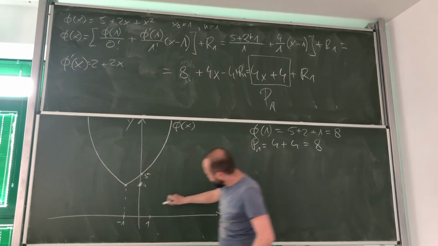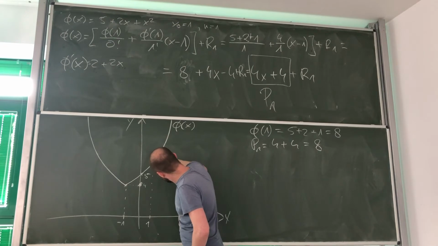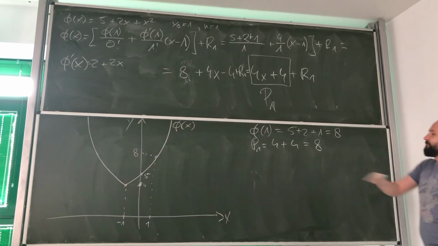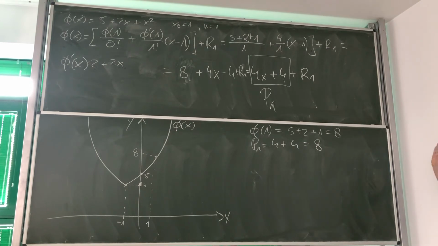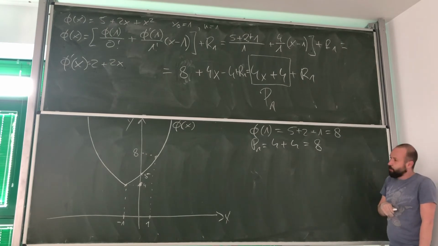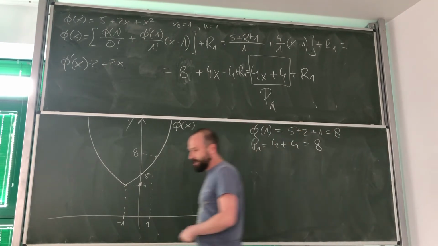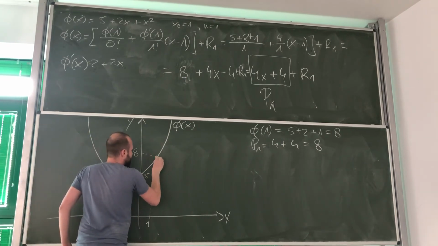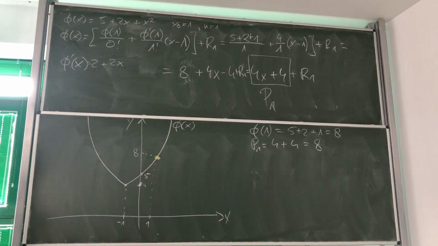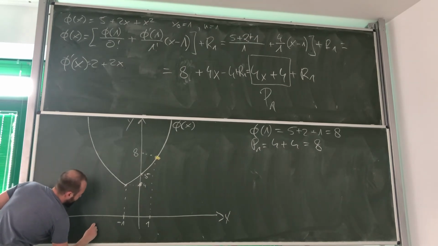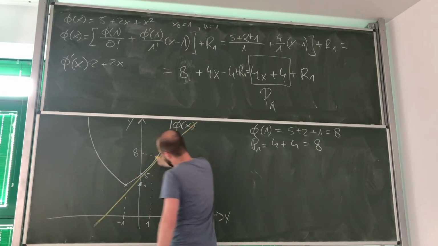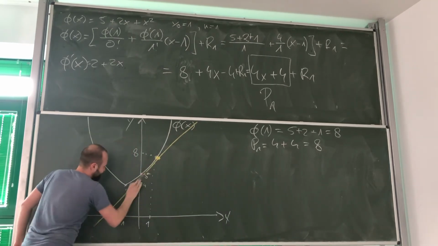So look, we see here that when we are at the point of expansion, in our case it's 1, the value of our linear approximation should go through 8, of course.